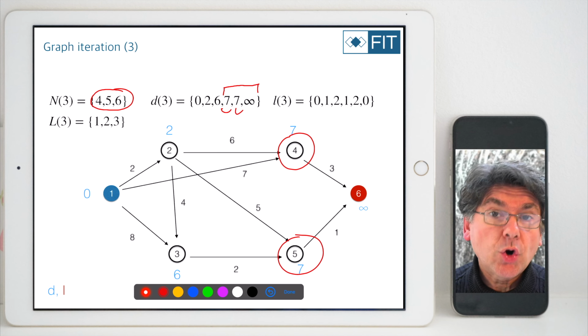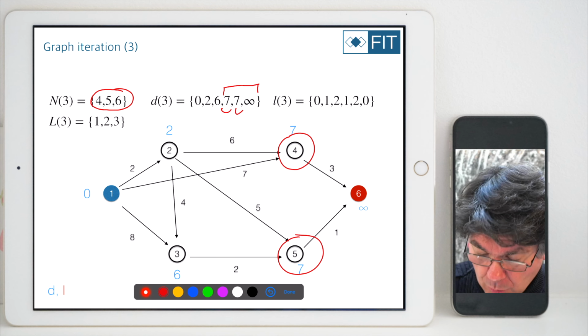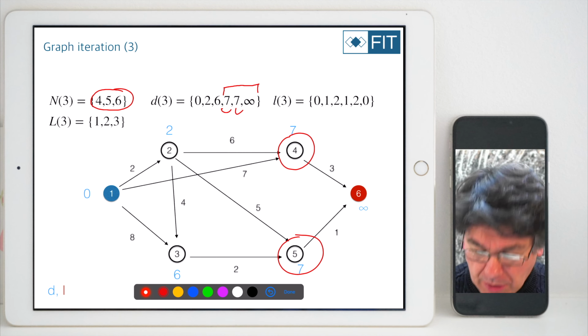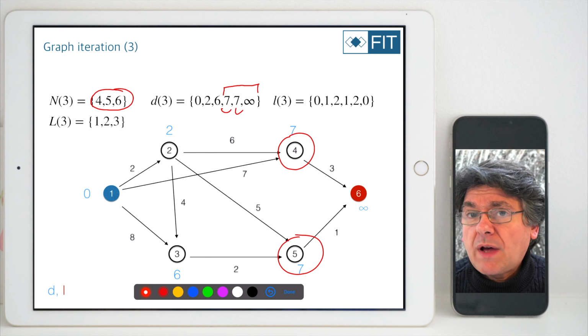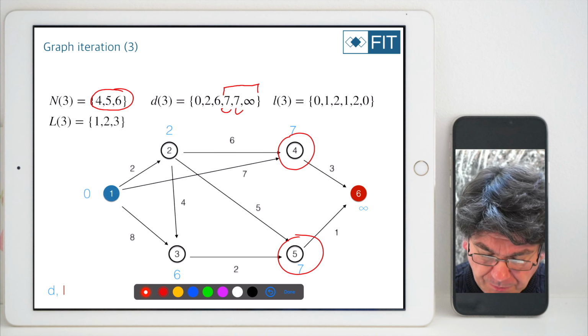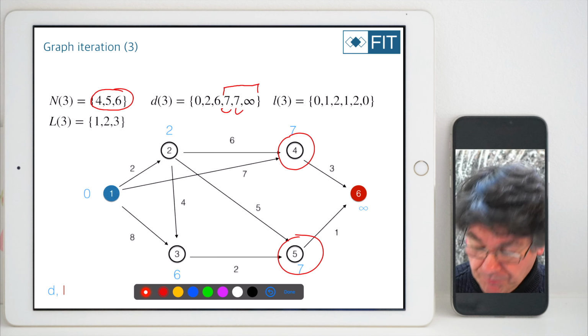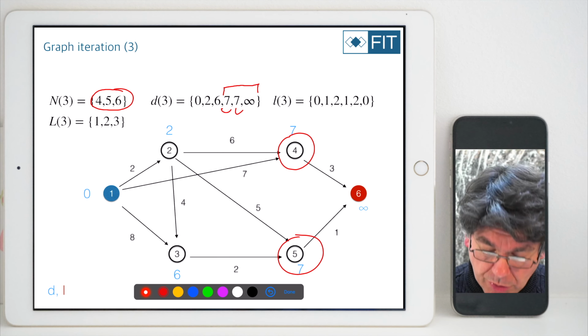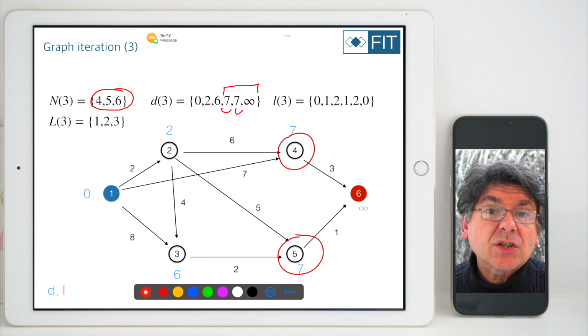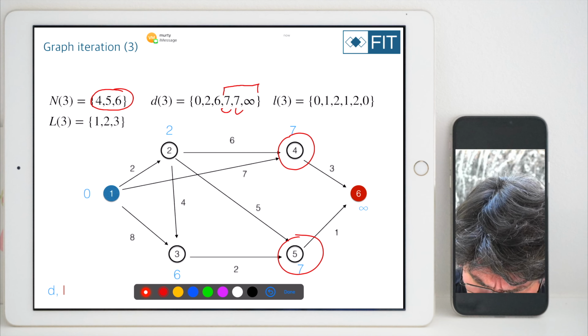We could pick one or the other. As you can imagine, there's no particular order in the way these nodes are ordered in our system. The significance of node 1, 2, 3, 4, 5 has no particular ordering notions to them. For simplicity, we will pick node 4 as the next one that we're going to be performing our analysis on.